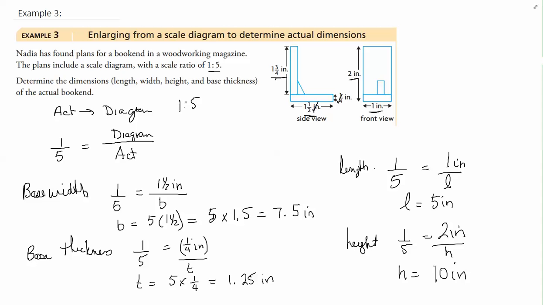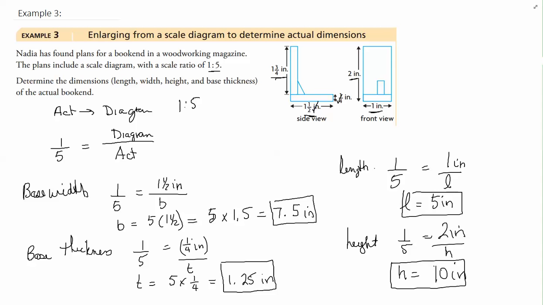So we have our dimensions. The base width is 7.5, the base thickness is 1.25, the length at the front is 5 inches, and our height is 10 inches.